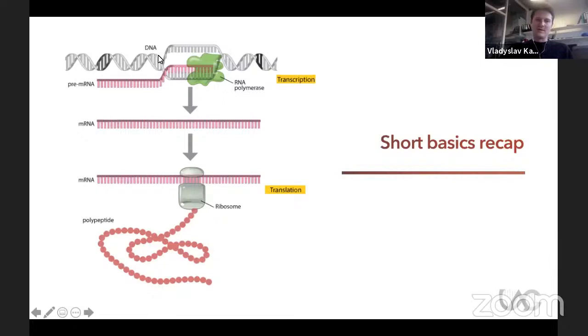As you may know, DNA can be transcribed with the help of RNA polymerases to the pre-mRNA and then into the messenger RNA. The messenger RNA can be translated to the polypeptide sequence and in the end to the protein.